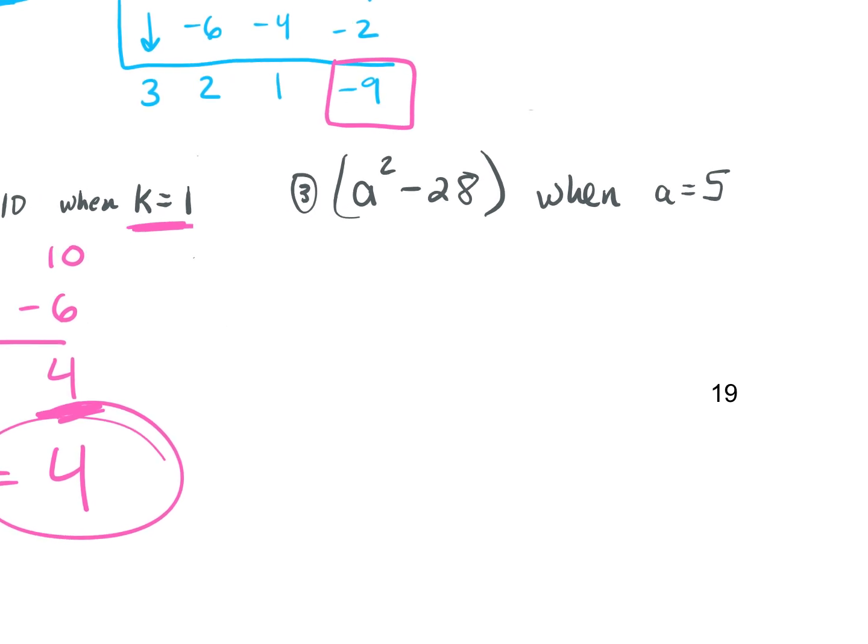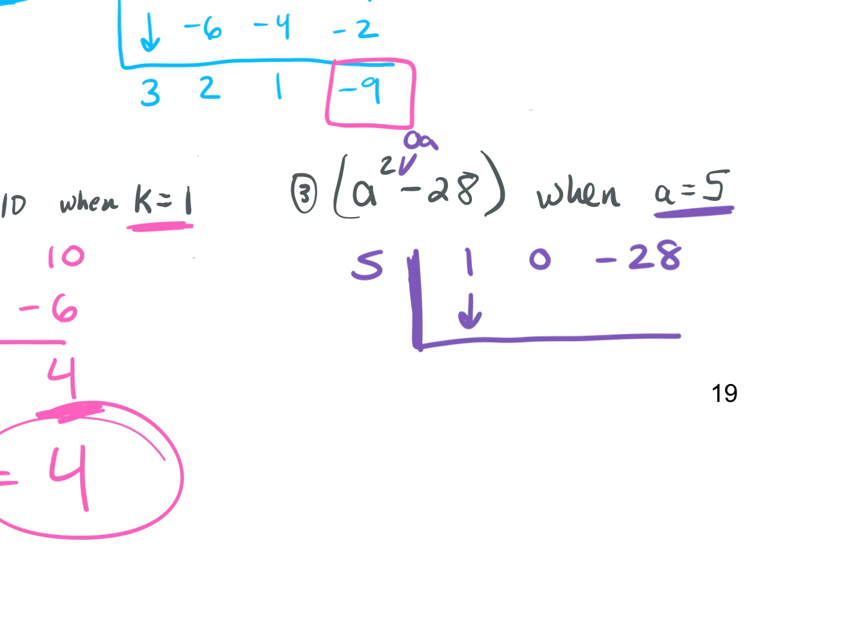Let's do number 3. What's going to go outside the box? 5. When it says a equals, you put exactly what it says. What's going to go inside the box here? Awesome. 1, 0, -28. We're missing the a term, so we'd put a 0a. So 0 goes in that a spot.